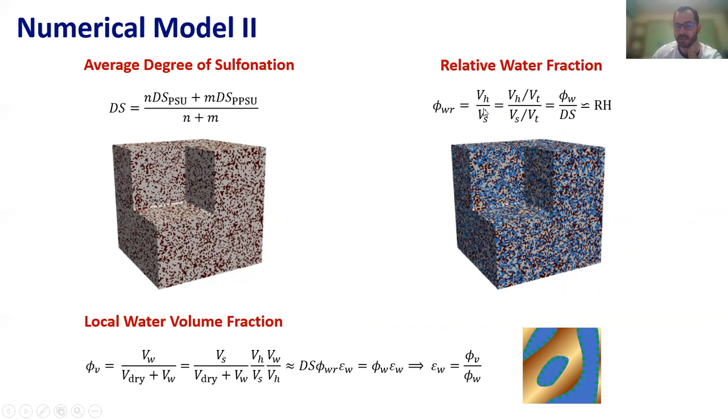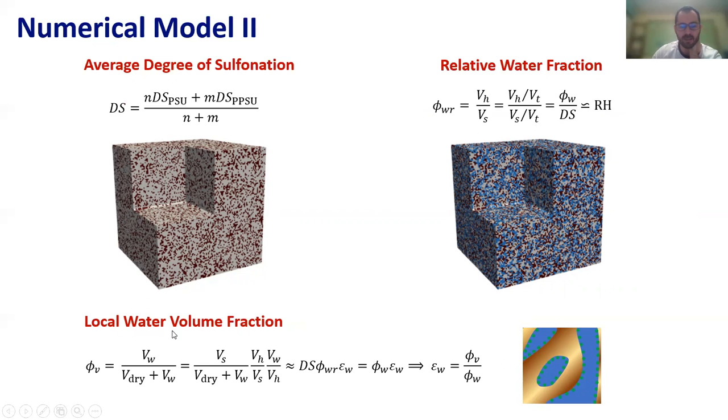This is just the volume of sites that are hydrated compared with those that are sulfonated. Not all the sulfonated sites are going to be hydrated, only some portion of them. And this value is by definition bounded between 0 and 1. In a first approximation, it is approximately equal to the relative humidity or the activity.